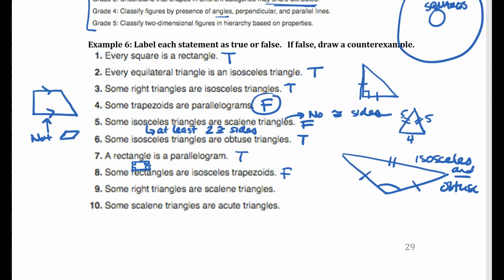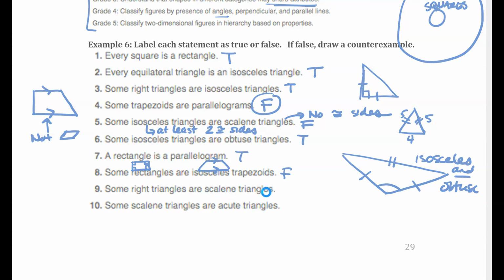An isosceles trapezoid only has 1 pair of parallel sides. The definition said exactly 1 set of parallel sides, so a rectangle could not be an isosceles trapezoid.